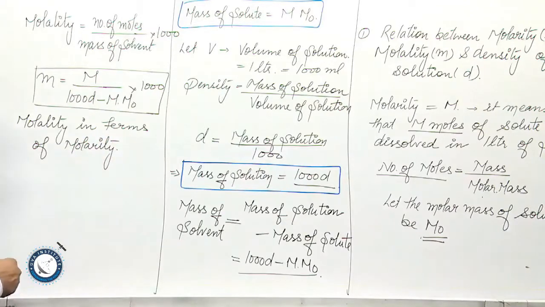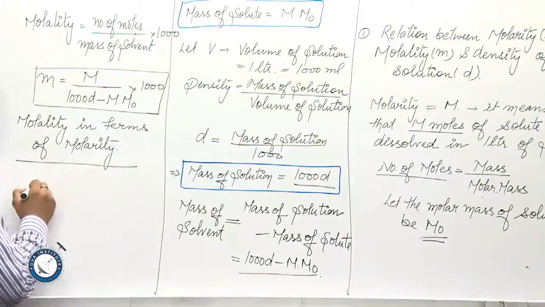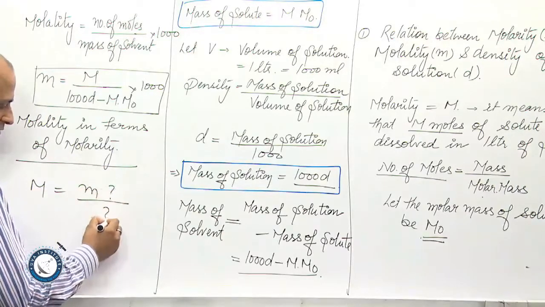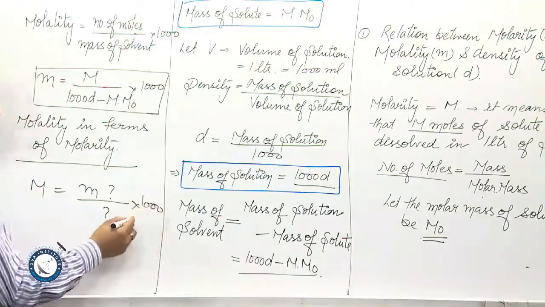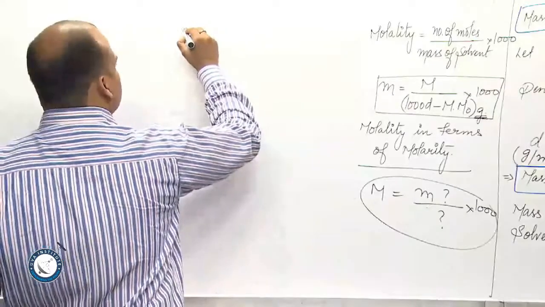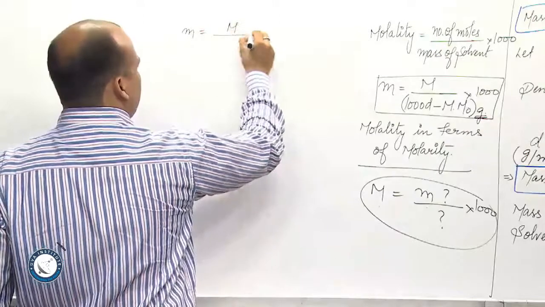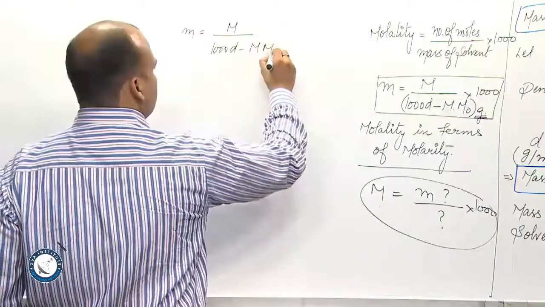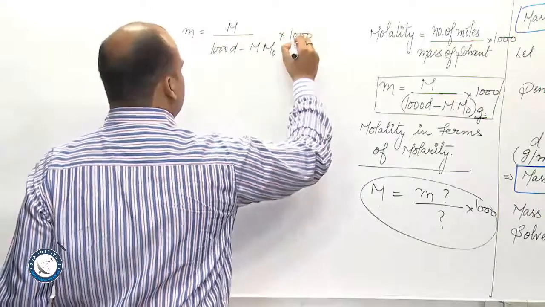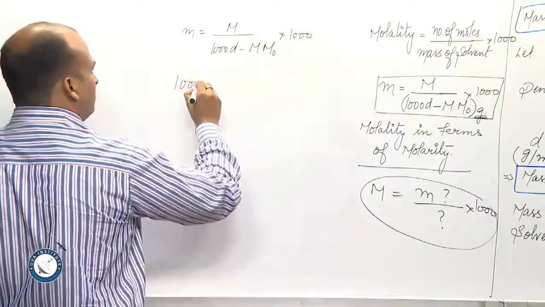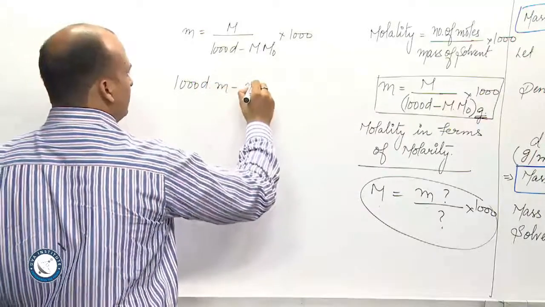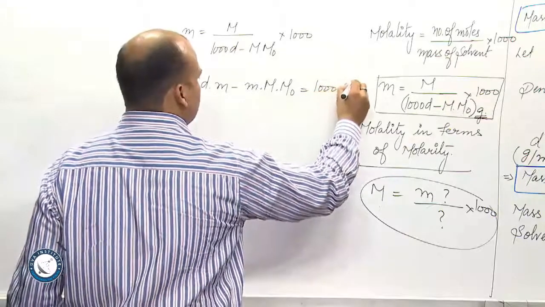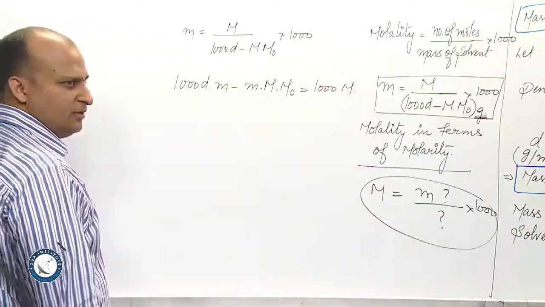Can you derive the relation of molarity in terms of molality? Since m is equal to molarity upon 1000 D, so this will be 1000 D into m minus m into capital M into M naught is equal to 1000 M. Okay, fine.